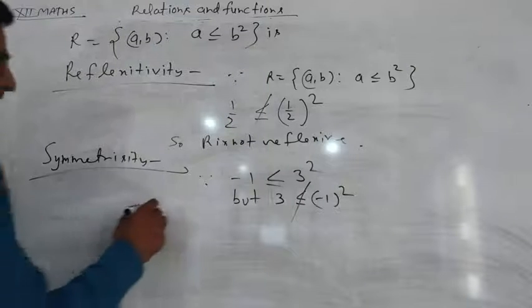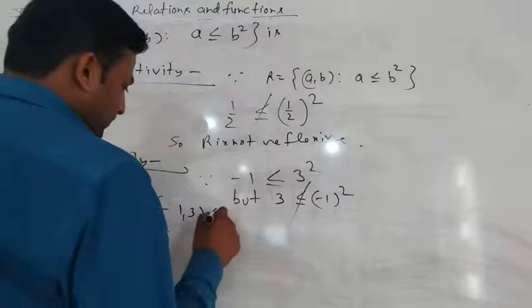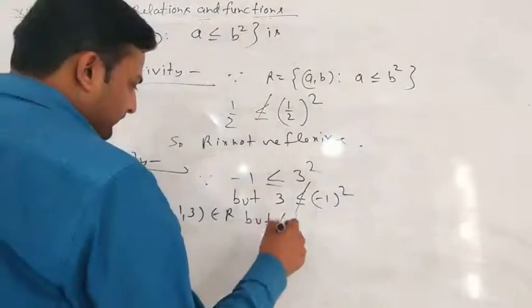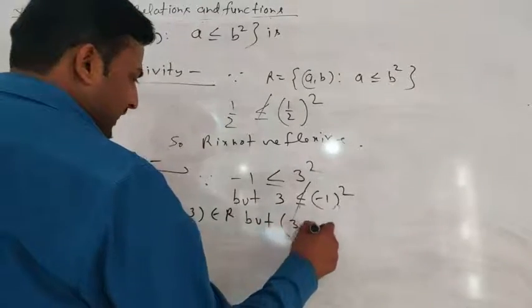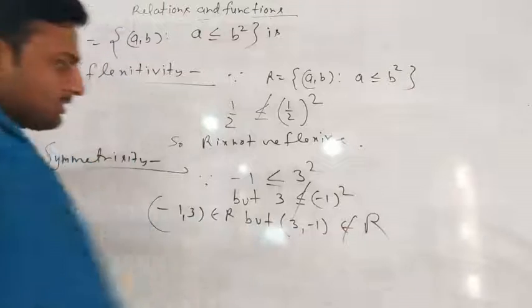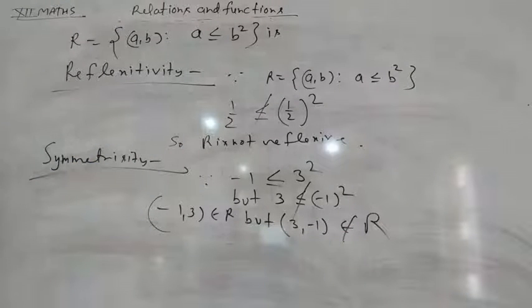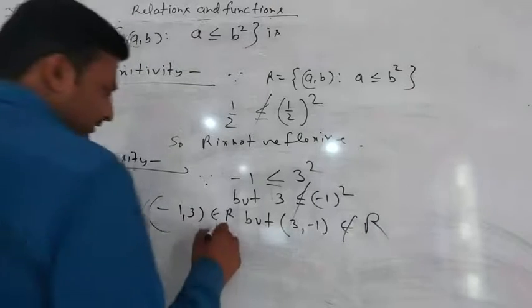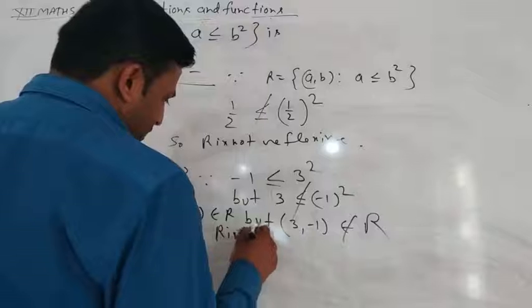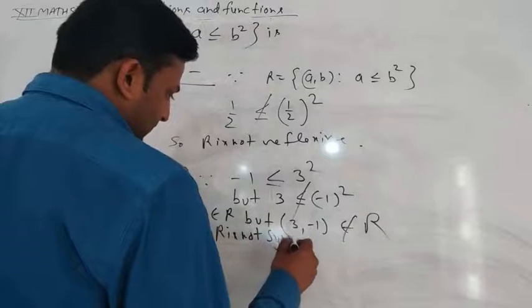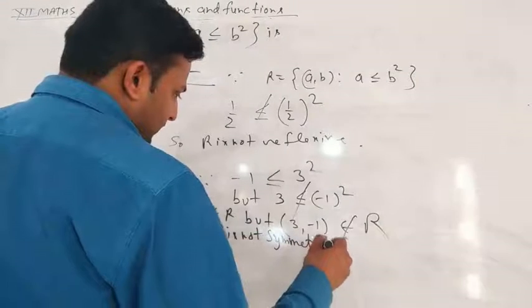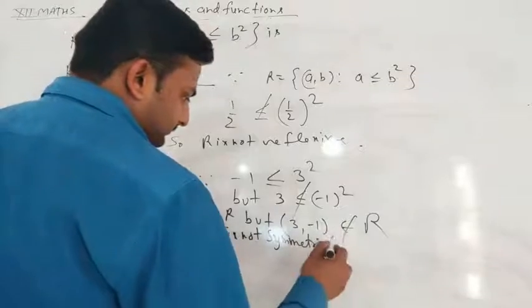It means that (−1, 3) belongs to R, but (3, −1) does not belong to R. Okay, students, (−1, 3) belongs to R, but (3, −1) does not belong to R. So our R is not symmetric.